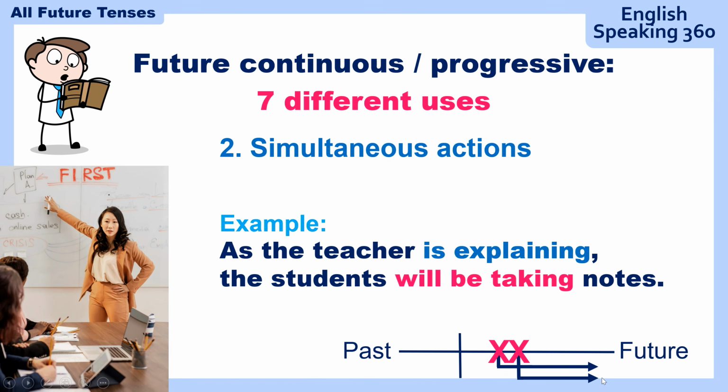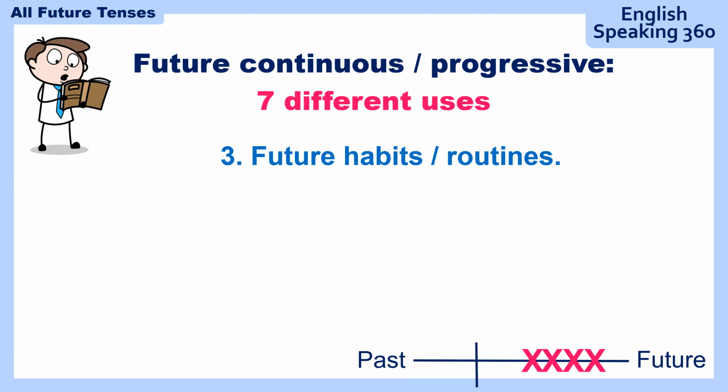Here's another example. As the teacher is explaining, the students will be taking notes. As I explained before, you can use the present progressive is explaining as a future tense. So as the teacher is explaining, the students will be taking notes.